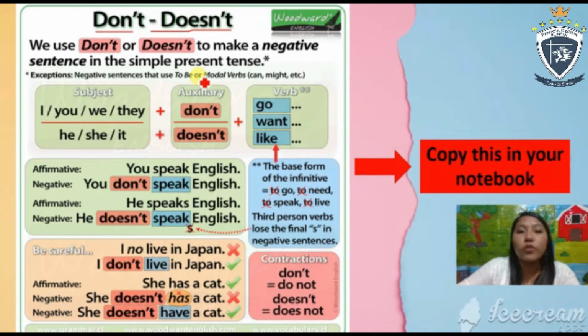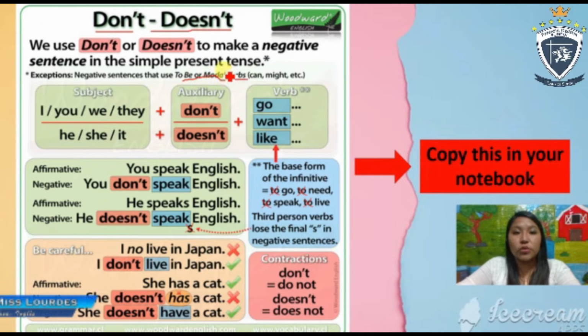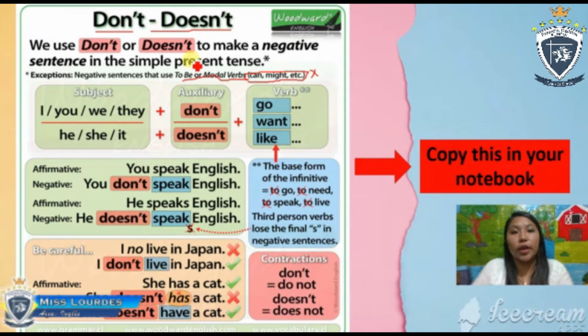Hay unos modals, por ejemplo, no usamos don't or doesn't when we talk with the verb to be. Recuerda que el verbo to be tiene su propia forma negativa, ¿verdad? Y en el caso de aquí, unos modal verbs, que son estos. En estos no utilizamos el don't y el doesn't porque ellos tienen su propia forma negativa, ¿ok?